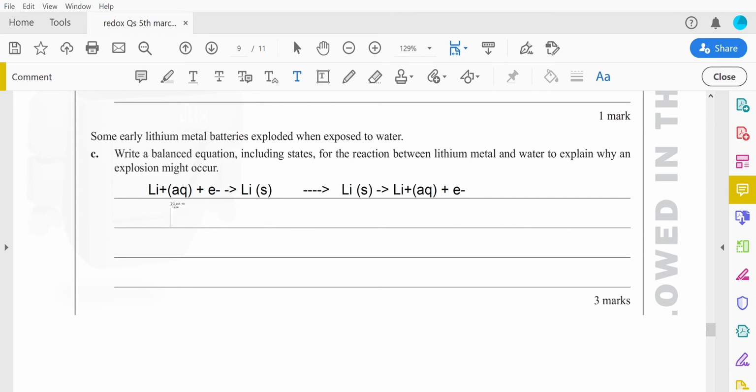What have I got for water? I'm looking down. I know because my lithium equation was reversed, I just need to find water on my left-hand side. And about three quarters down I do. I've got 2H2O liquid plus 2 electrons.